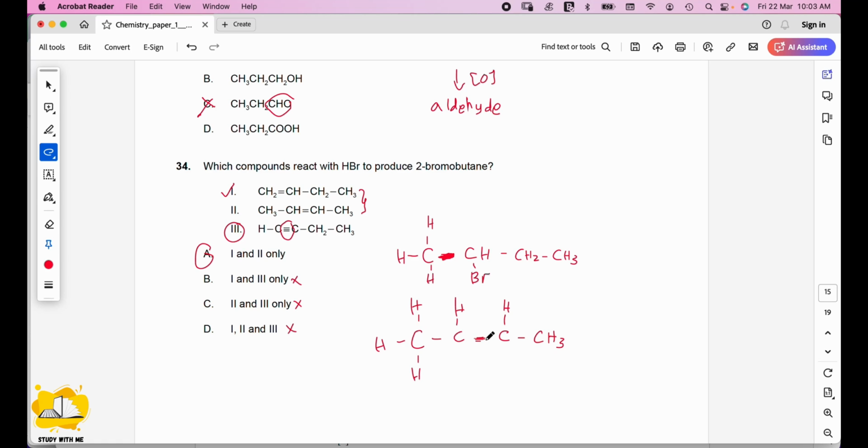So this will also be a single bond, and let's put H here and Br here. Even if you put H here or Br here, this will still be 2-bromobutane. So choice number 2 is also correct. So the answer is A.